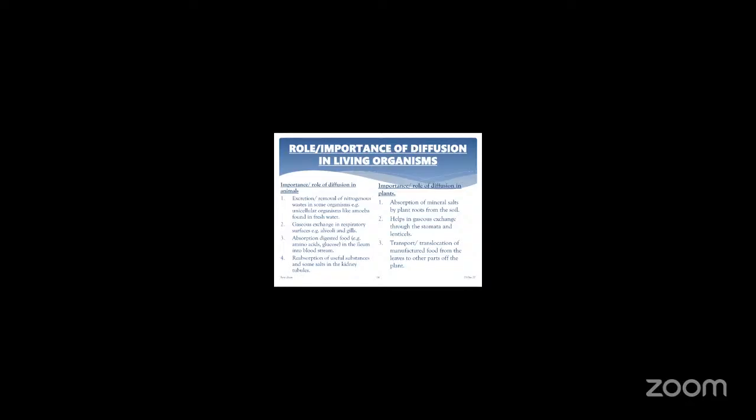And finally, the last importance of diffusion in plants is that it is important in transport or translocation of manufactured food from the leaves to other parts of the plant. Since the leaves are the ones that carry out photosynthesis, the food material can move freely from the leaves to all parts of the plant through diffusion.